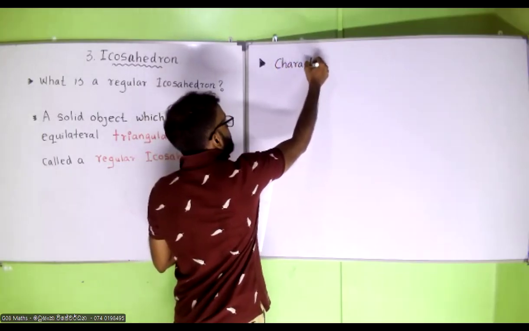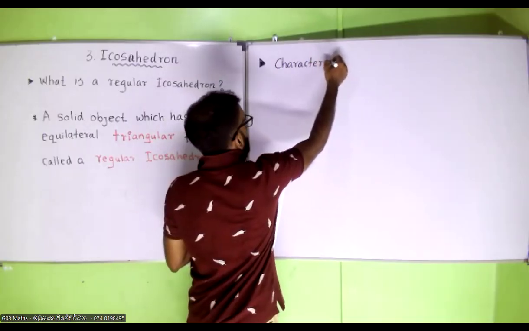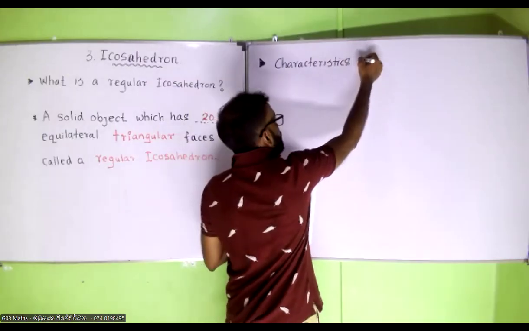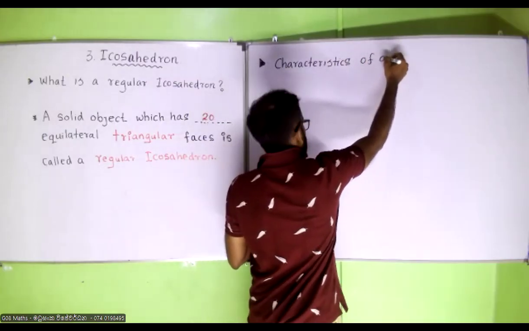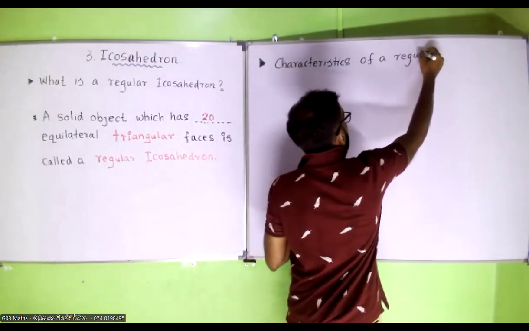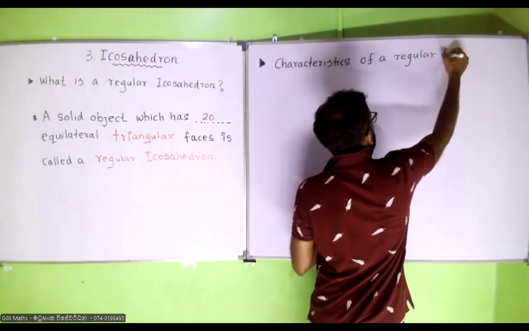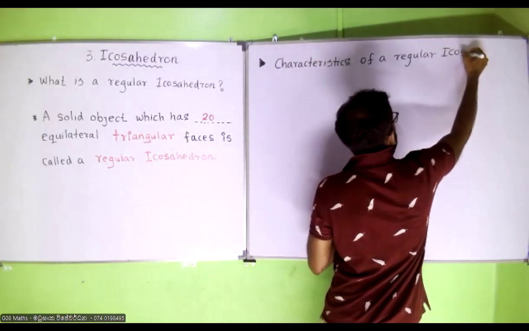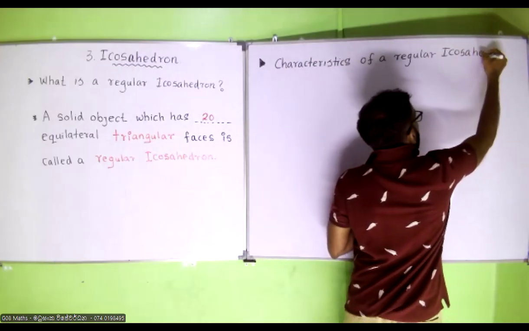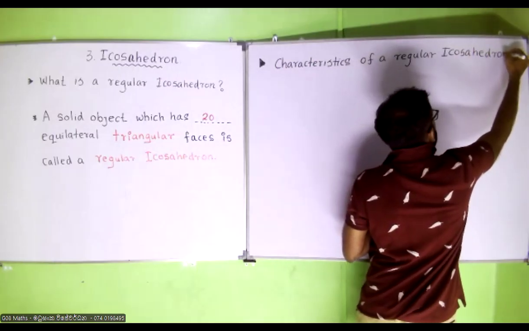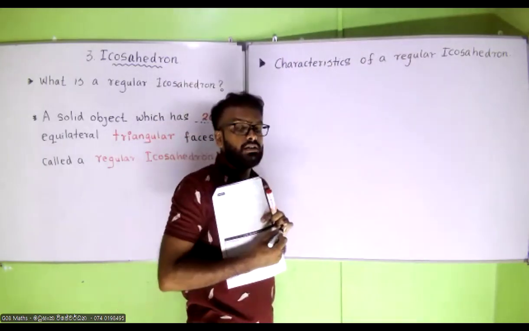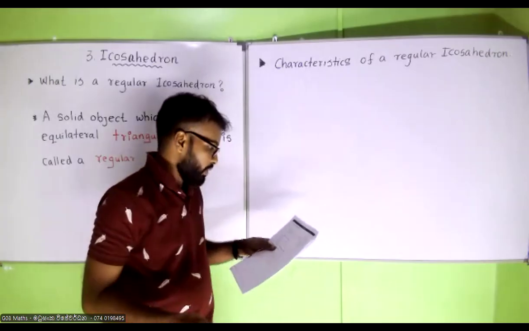You need to remember these things. There are 4 characteristics, so you need to remember them.